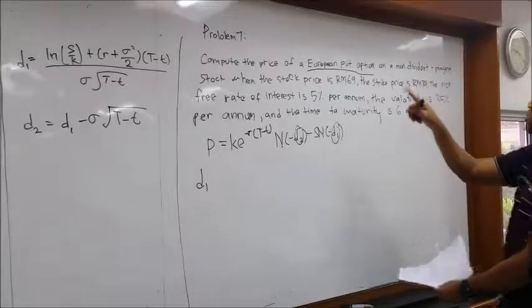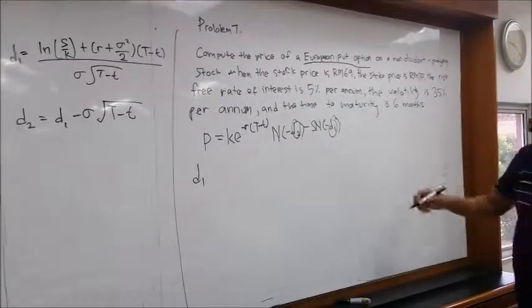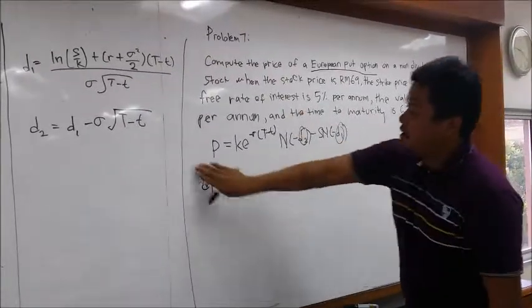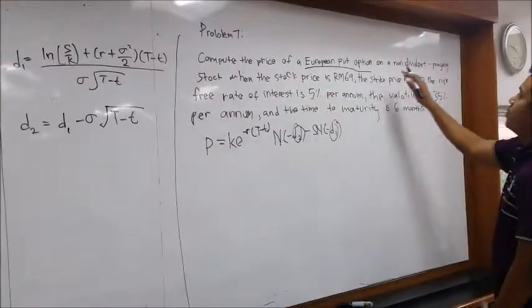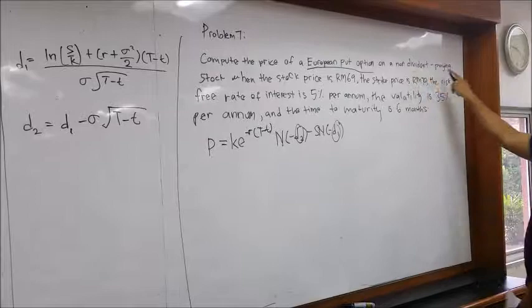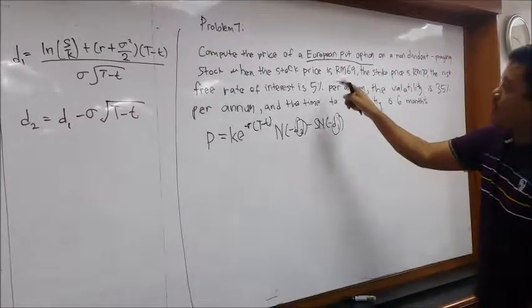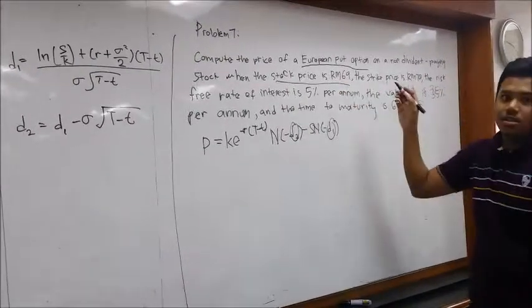First we read the question, and then we can get the information. Compute the price of a European put option, which is this one, on a non-dividend paying stock when the stock price is 69 ringgit.